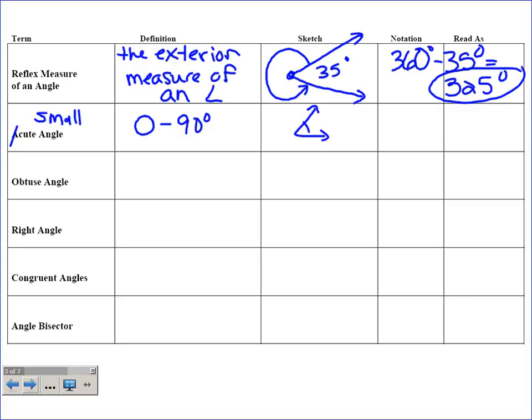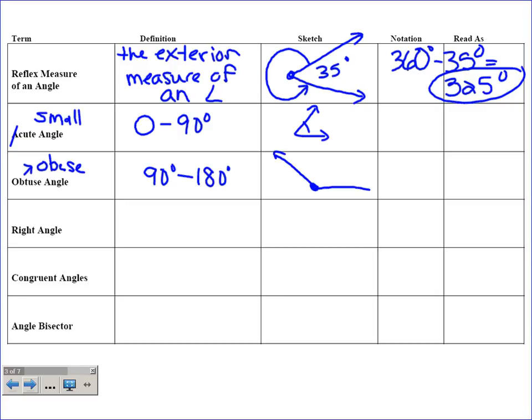Okay? Obtuse. Obtuse is similar to the word obese. What does obese mean? You are overweight. That means you are a bigger angle. If you're between 90 and 180 degrees, you're an obtuse angle.